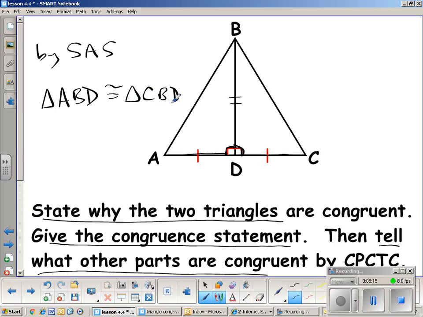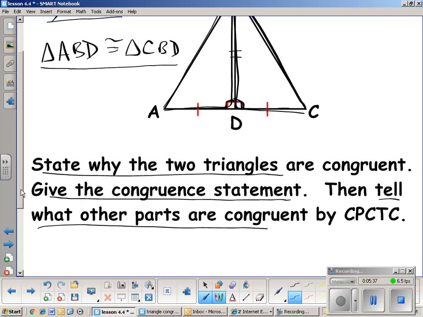That's correct. That's not the only way you could write it, but that's one correct way. She named the first triangle ABD, and then she matched this one up in the same corresponding order. Okay? So we would say that this statement is true by this reason.